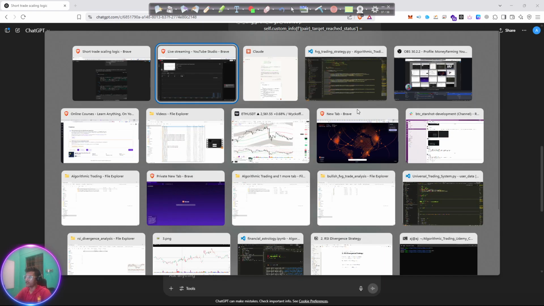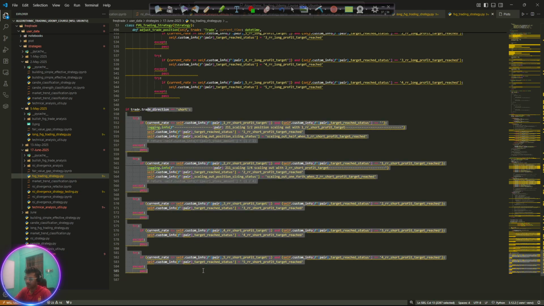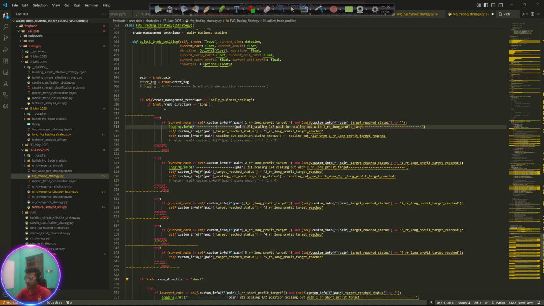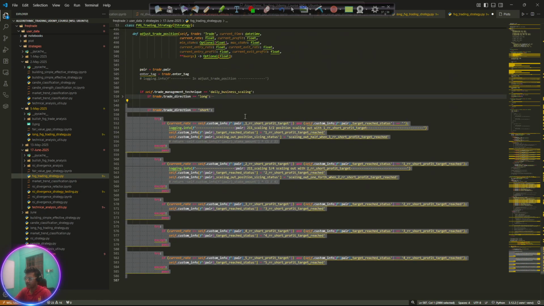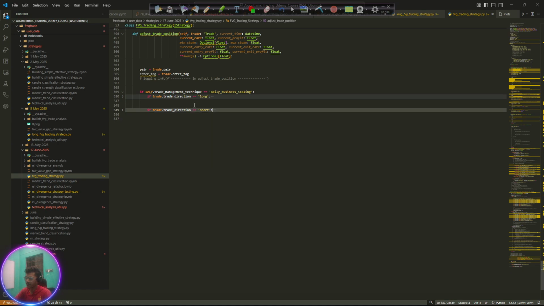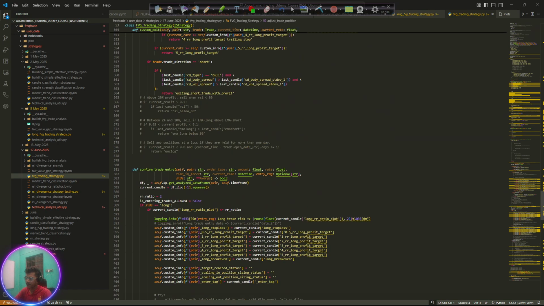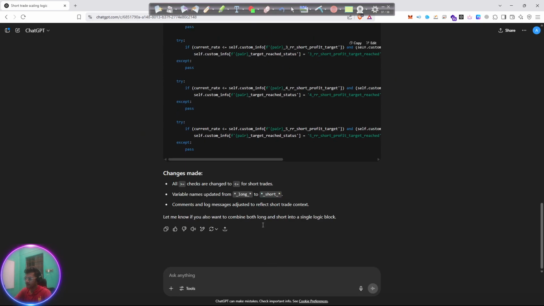Okay. Just copy it, paste it there. Cool. Long and short. And here I'll also do the same for short as well. Make changes for the short.